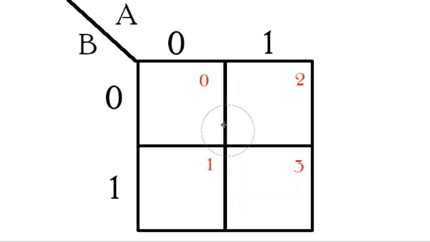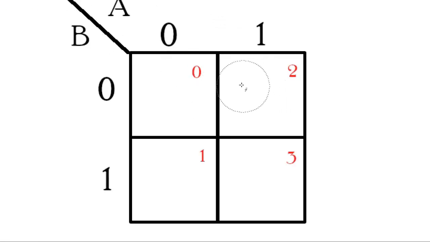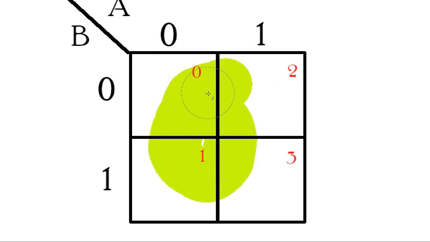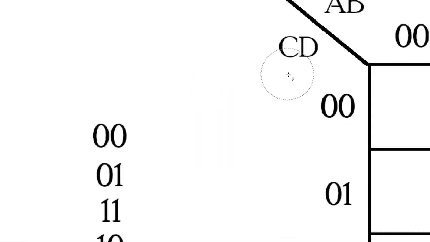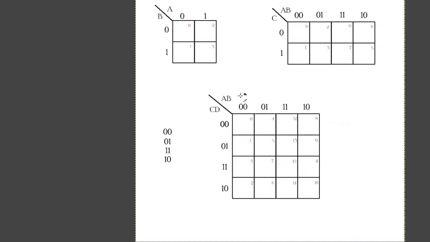Since there are four squares in the truth table for two variables, there will be four squares in the K-map for two variables, so on and so forth. It's the same logic for the other two that we will be using, right?